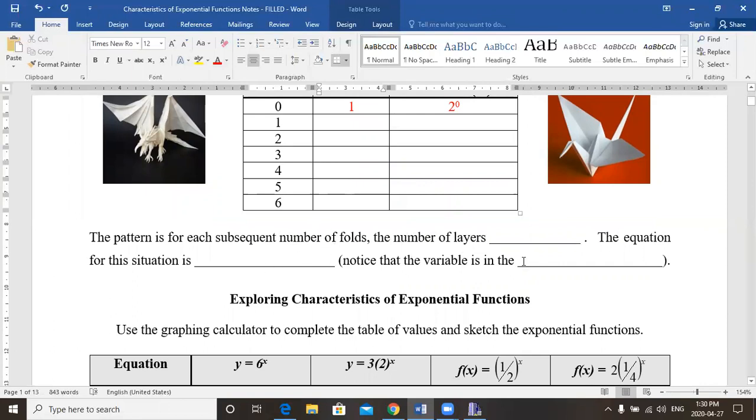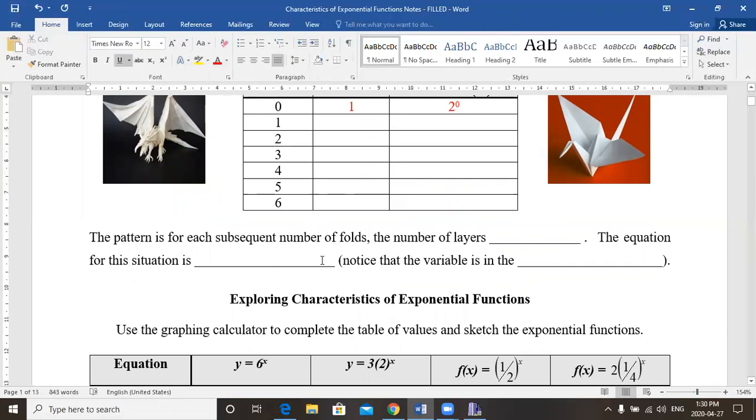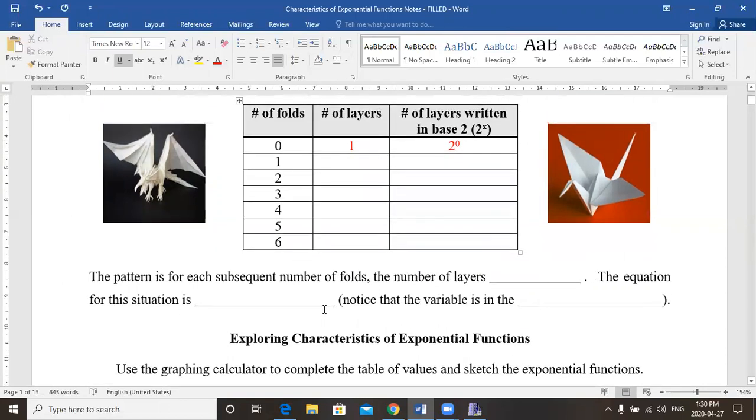So basically, one thing we'll fill in here is that when you have an exponential equation, the variable, as you can see, x, is in the exponent position.